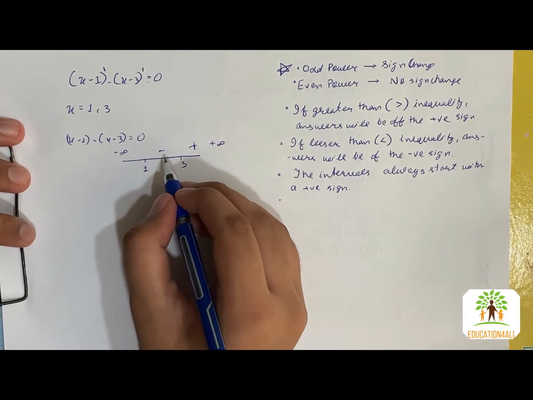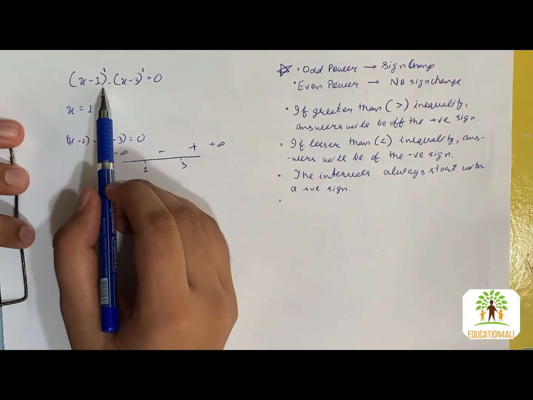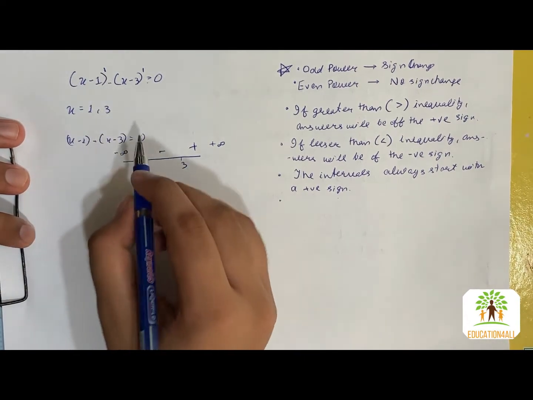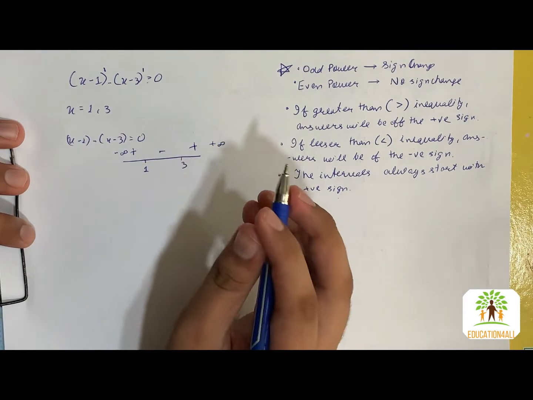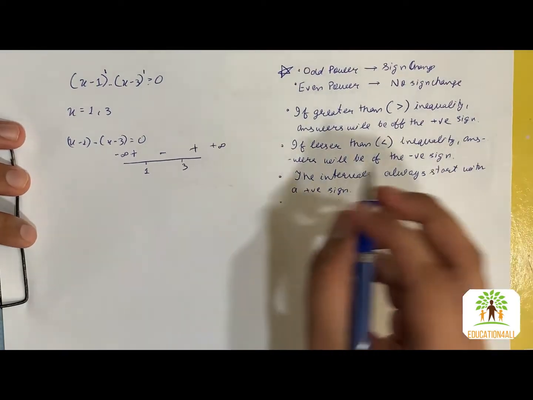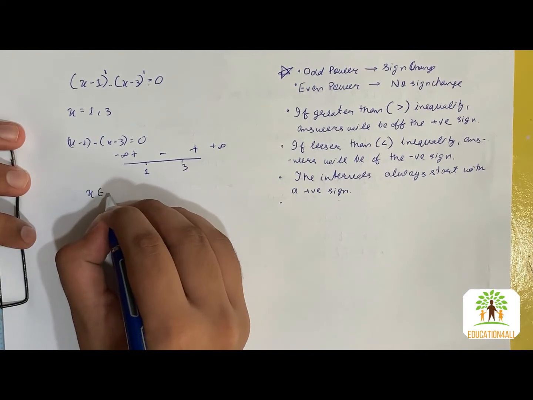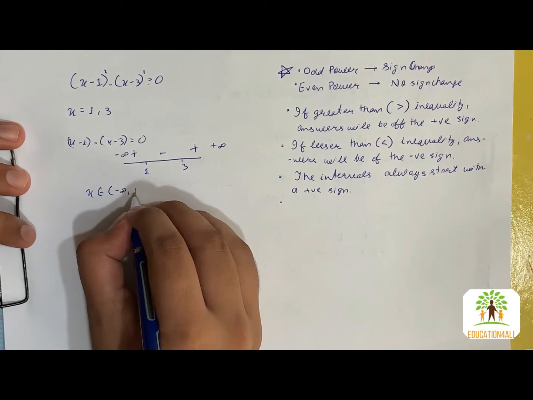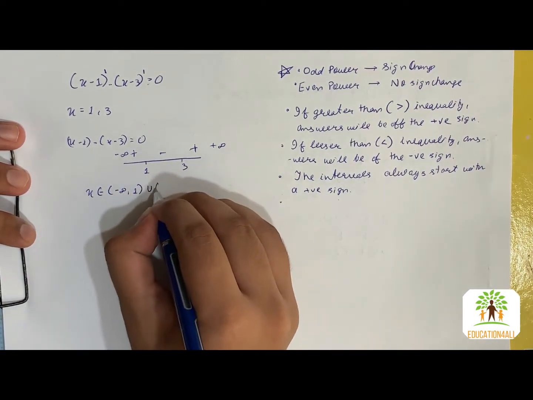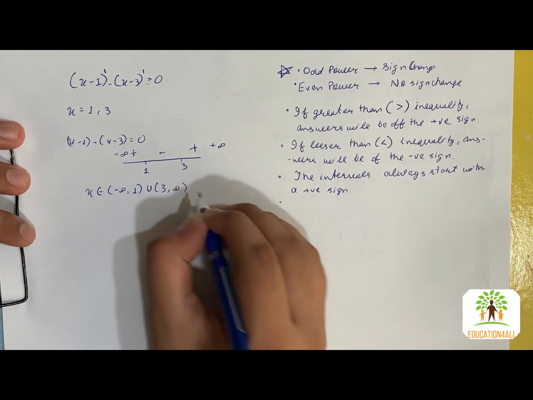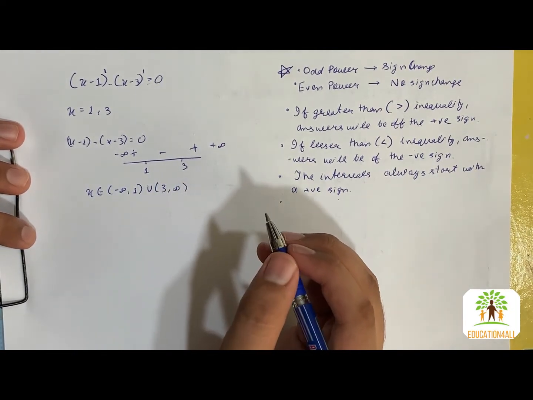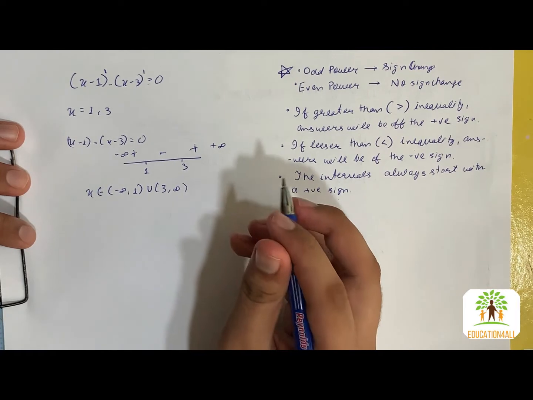And now again, we can see that (x minus 3) has an odd power, therefore the sign will once again change to become positive. Now, the answer we will get here is x belongs to (minus infinity, 1) union (3, infinity). And you could verify we got the same answer with the long method.